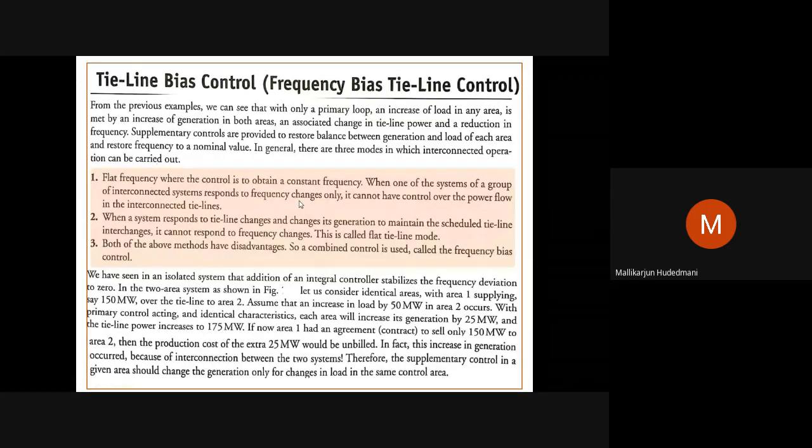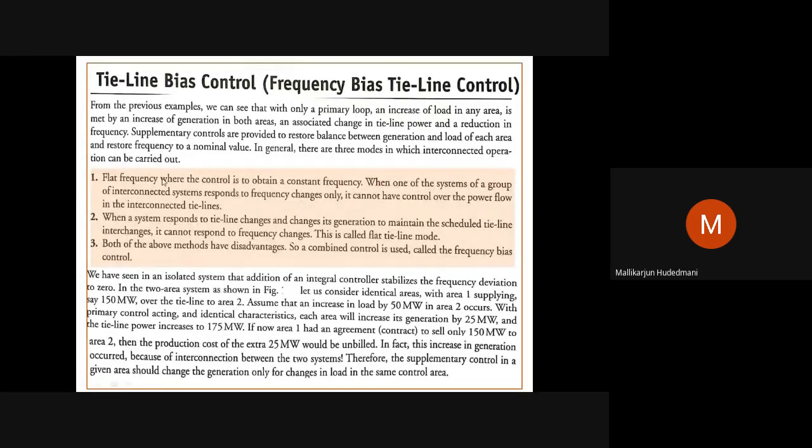Here only the delivery of megawatts is balanced. So change in frequency is due to change in megawatts only. Address the megawatts so that the demand to be met through the tie line is balanced. Accordingly, frequency has to change, but that is not monitored. What is monitored is only that tie line power flow delivery must be appropriate as requested. That is called the flat tie line mode of operation.